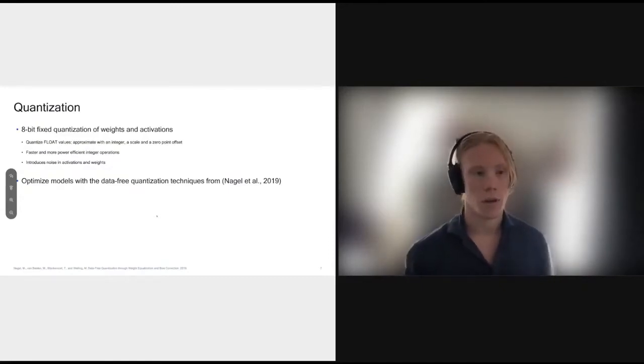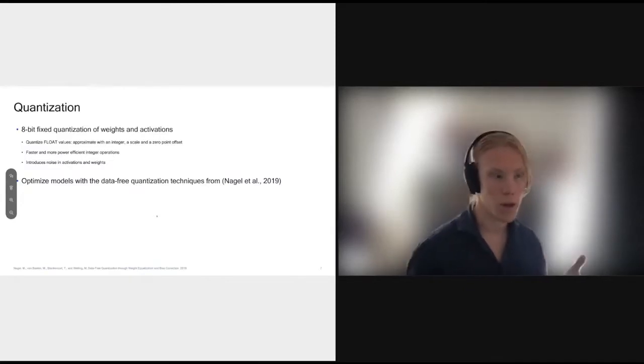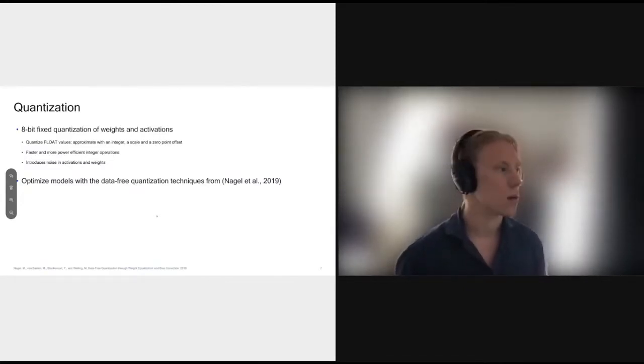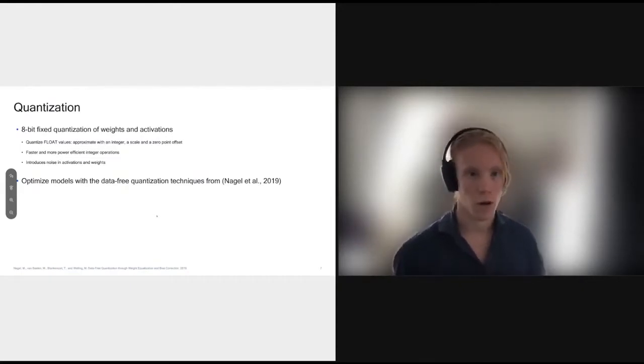The idea is that rather than running our models using floating point values, we represent their activations and their weights using only 8 bits. This allows for faster computations and less power consumption, since we rely on the more efficient integer arithmetic in hardware.